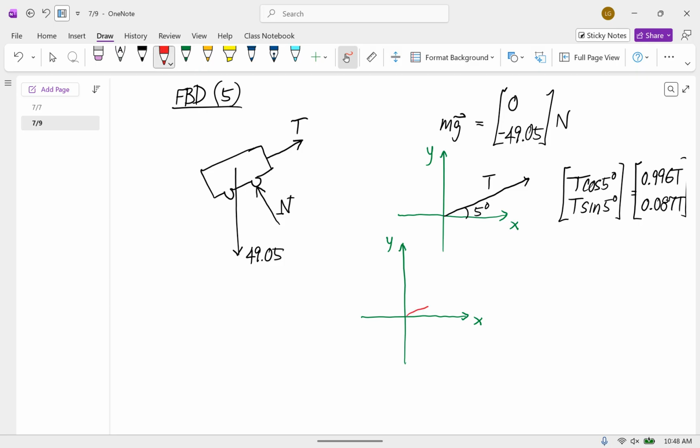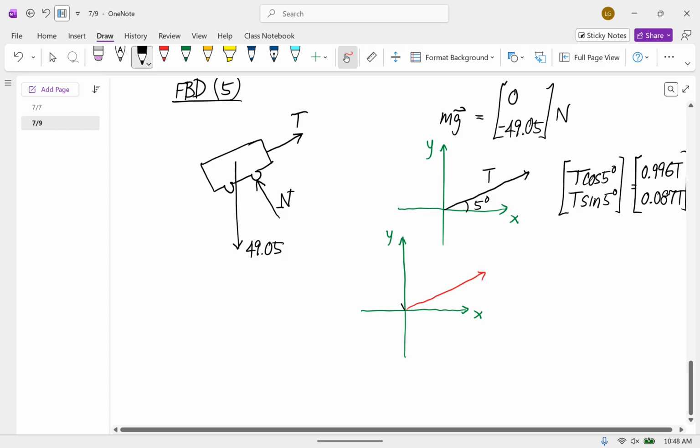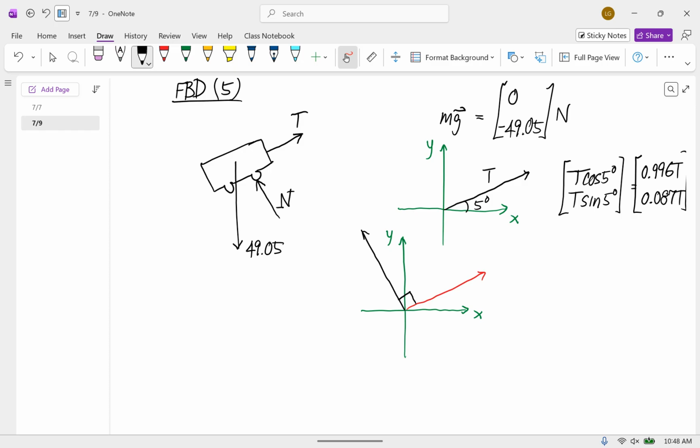So I'm going to first draw a reference vector like this, and then I'm going to draw the vector we want like this. And we know that these are 90 degrees apart. So I'm going to find my theta. I'm going to start at the positive x-axis, go counterclockwise positive 5 degrees, then go counterclockwise another 90 degrees. And so my theta is 95.